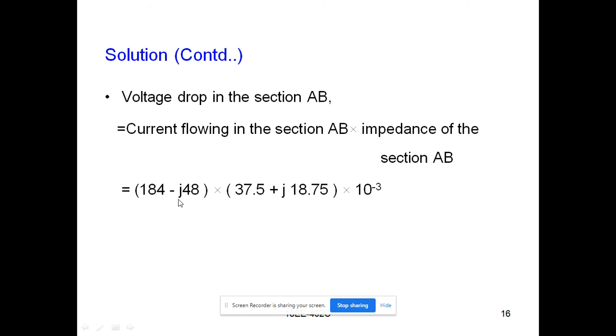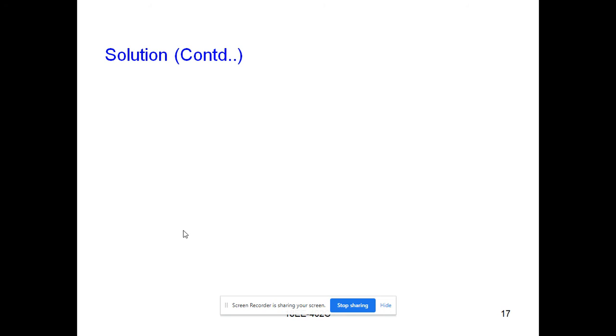Current is 184 minus J 48 into impedance 37.5 plus J 18.75 into 10 to the power of minus 3. When we multiply these two, we get 7.8 plus J 1.65 volts.